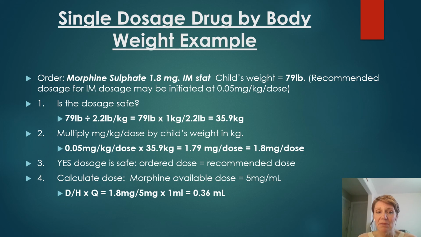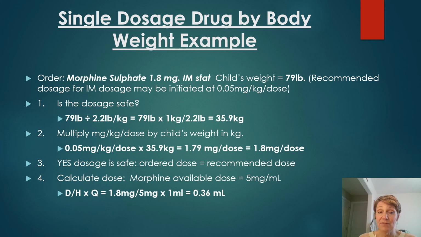So you can see I have the math written there, 0.05 milligrams per kilogram per dose times 35.9 kilograms. When I do the math on that, I get 1.79 milligrams per dose. And from there, always round to the 10th, which becomes 1.8 milligrams per dose.